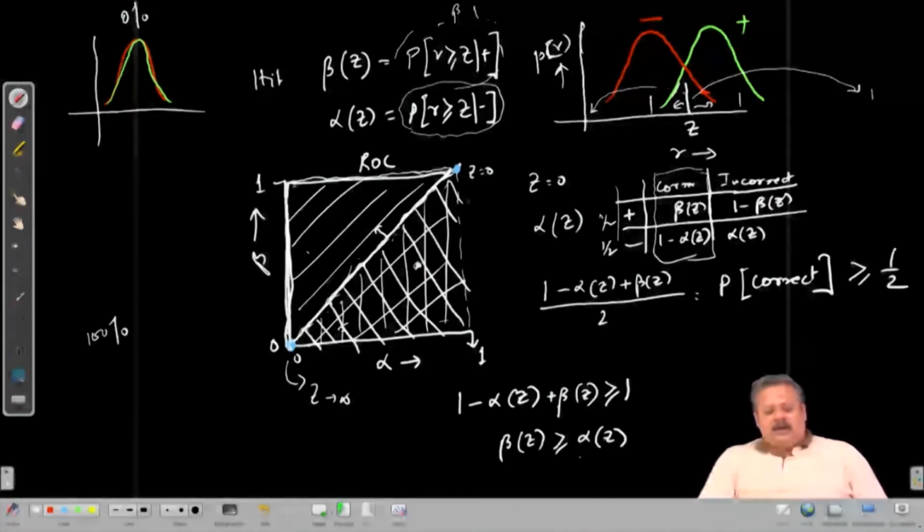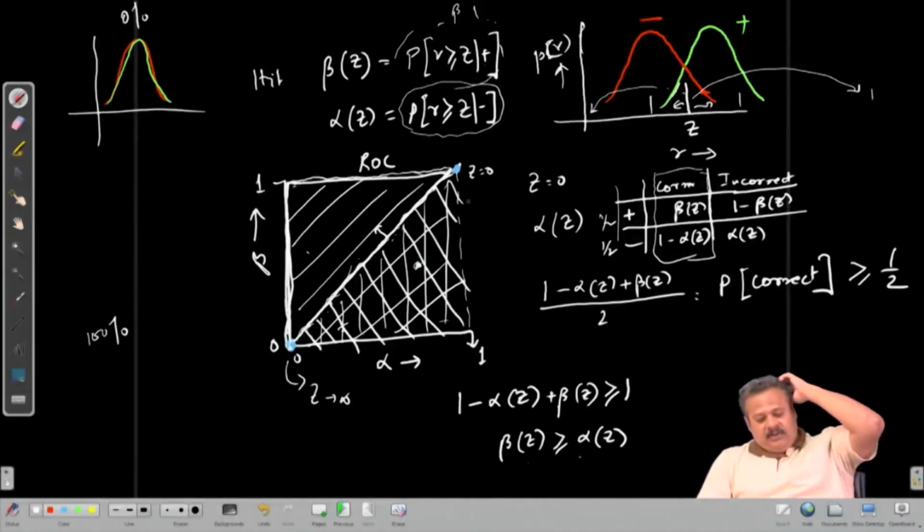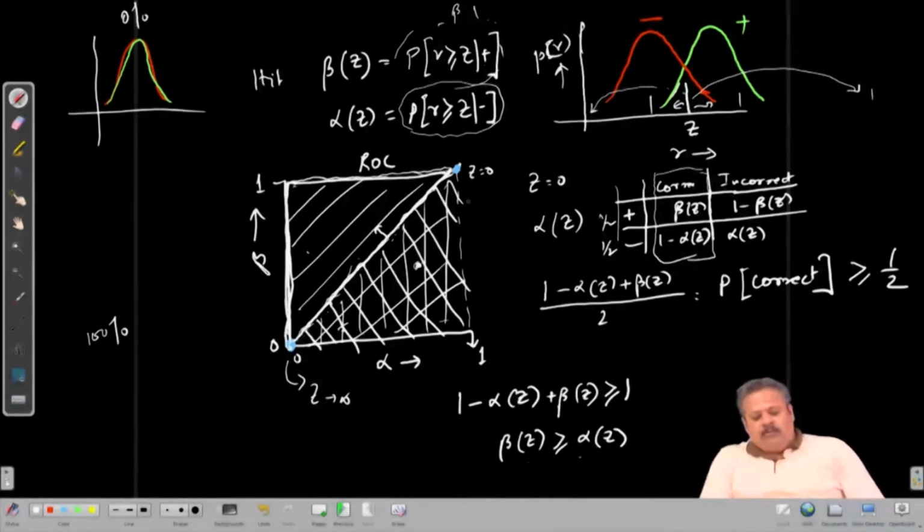So, here is the idea that the area under the curve could be a measure of the percentage correct.